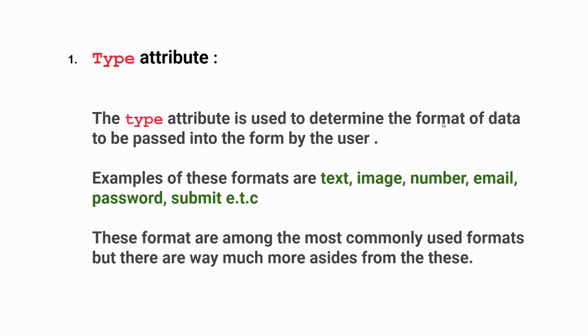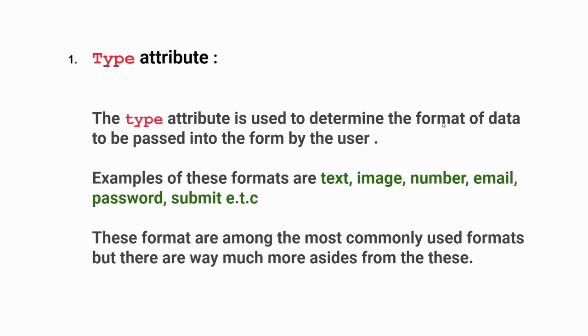First, we have the type attribute. The type attribute is used to determine the format of data to be passed into the form by the user. You can see how important this particular attribute is. It determines the format because, as we all know, data and information come in different formats.